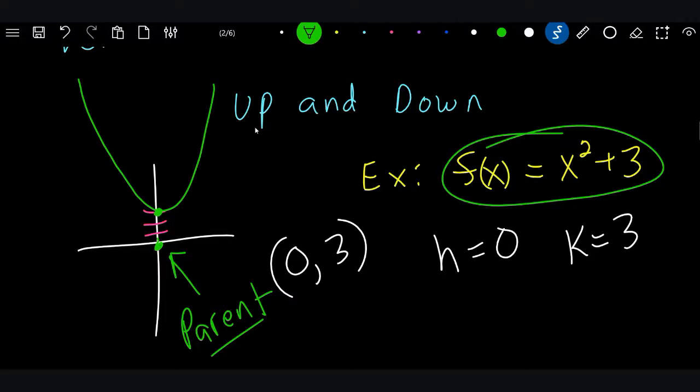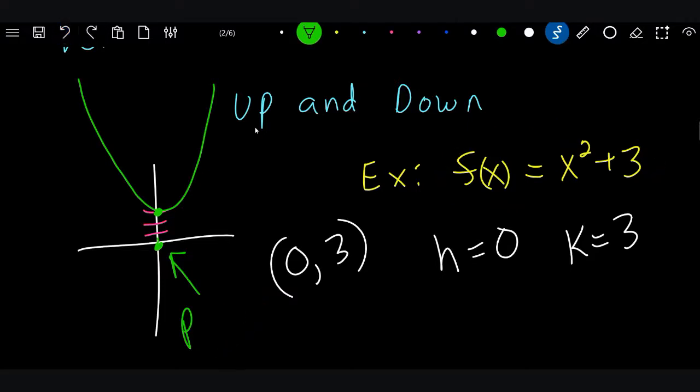Now, notice something, it could also potentially go down. What if this was -3? So let's change this to a -3. Well, we also have to now change our k. Our k has changed to a -3. So what's going to happen is we're actually going to go down 3 positions on our graph.